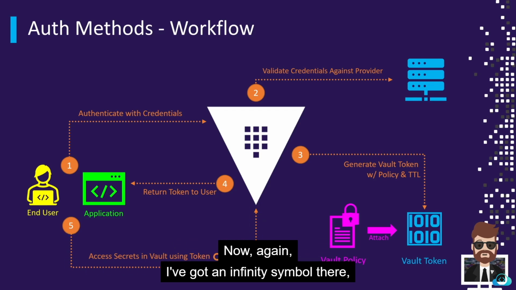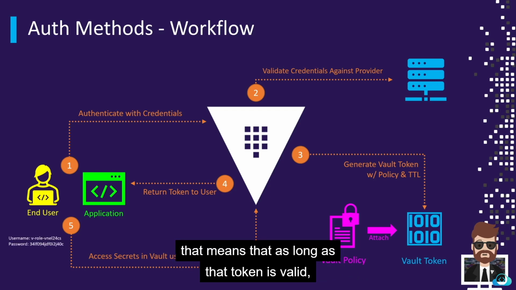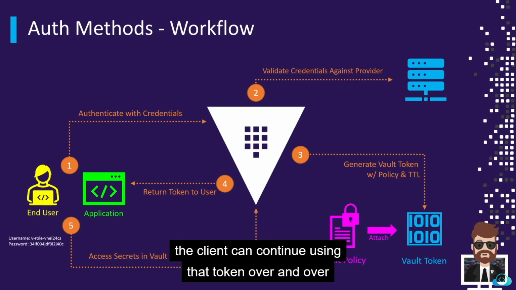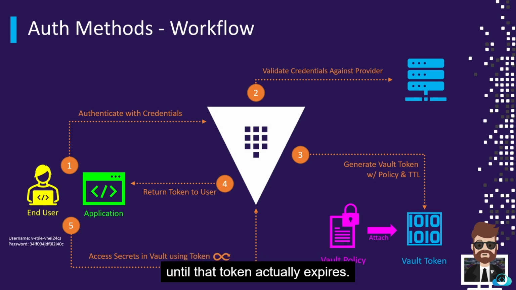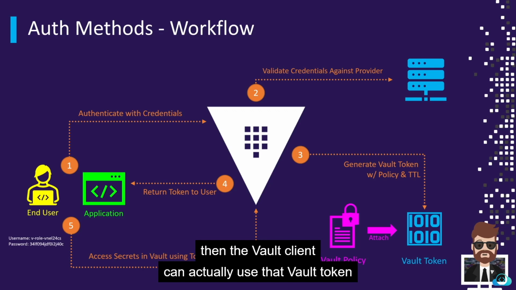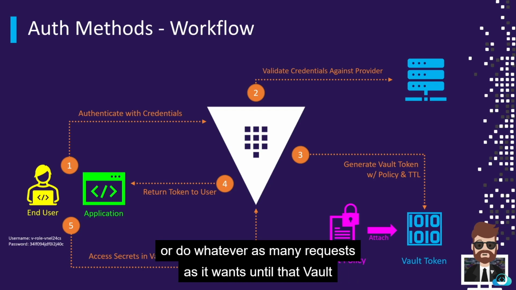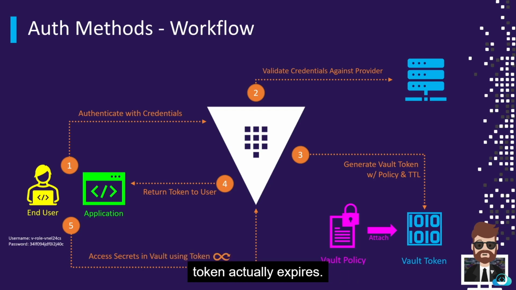Now, again, I've got an infinity symbol there, and basically that means that as long as that token is valid, the client can continue using that token over and over until that token actually expires. So, for example, if that Vault token happens to have a 24-hour TTL, then the Vault client can use that Vault token as many times as it wants to grab secrets or manage vaults or do whatever, as many requests as it wants until that Vault token actually expires.